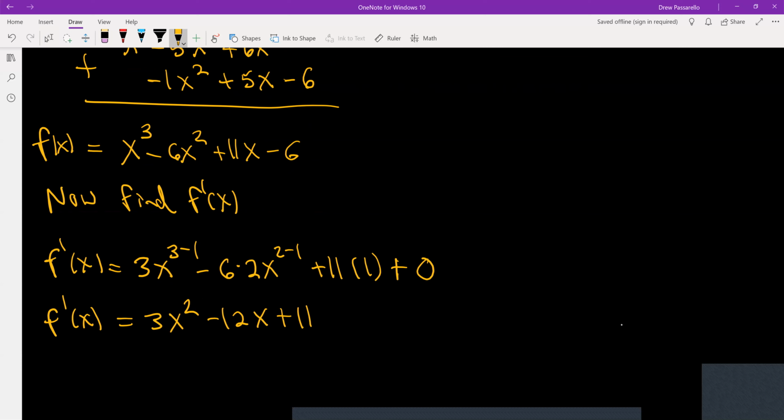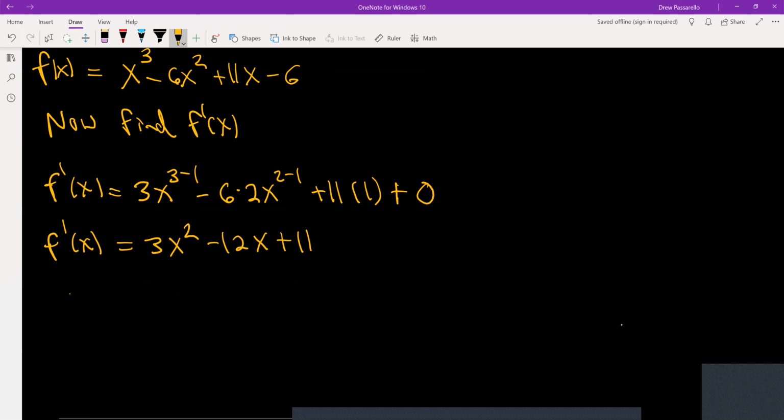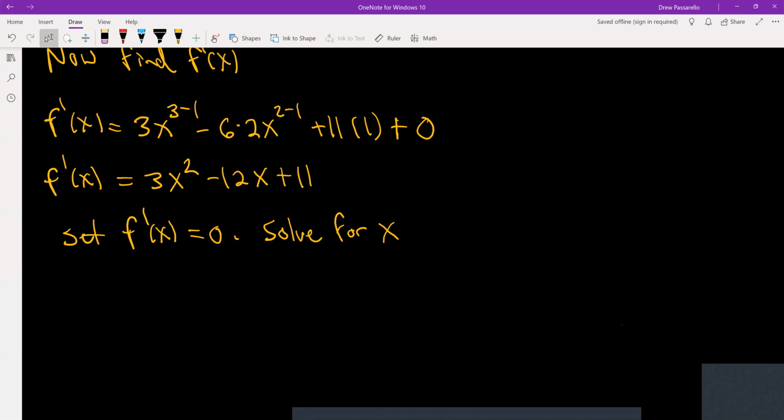Now I need to find all values c where this is going to equal 0. So I set f prime of x equal to 0 and solve for x. So I set 3x squared minus 12x plus 11 equal to 0.